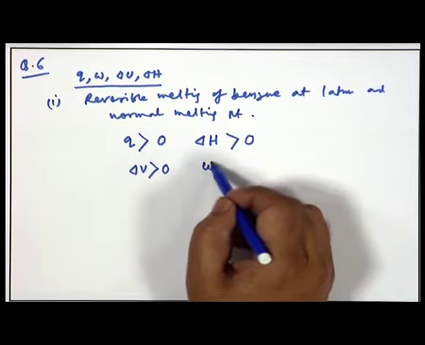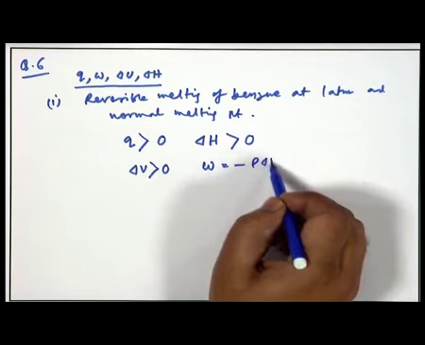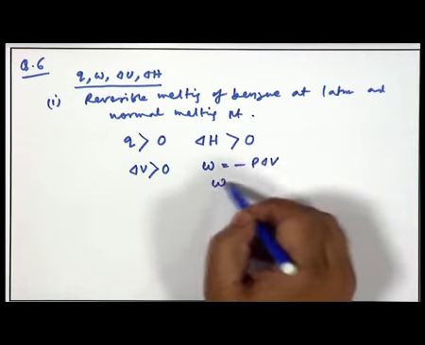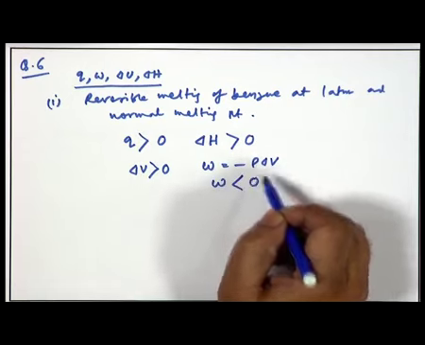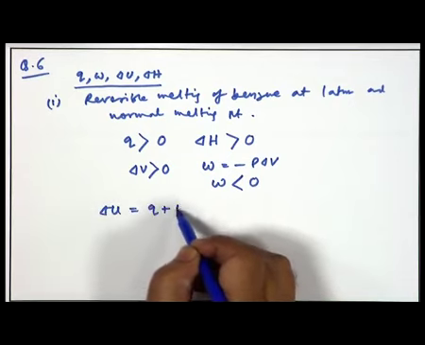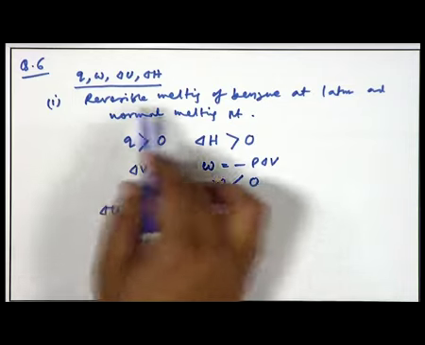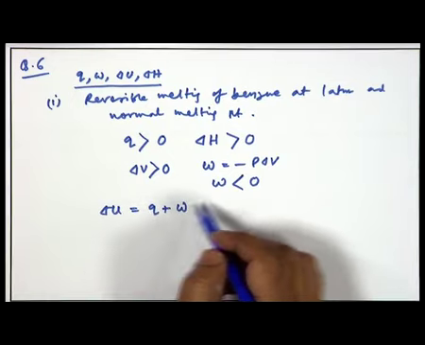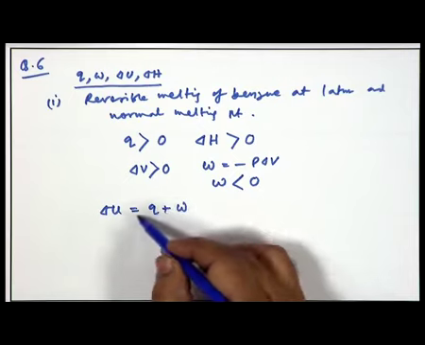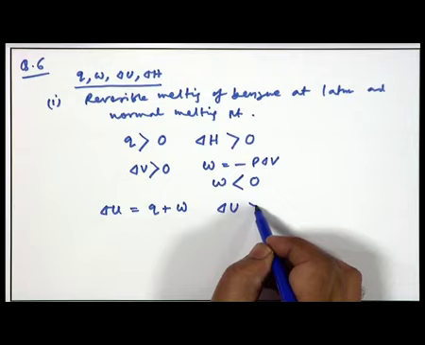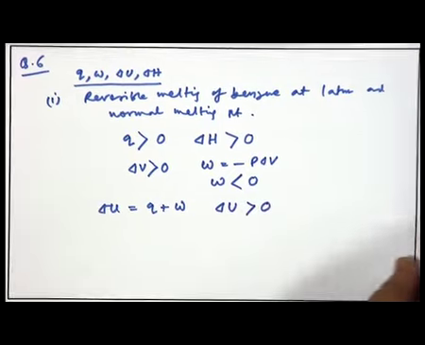So w would be minus p del V, which is negative. And del U is q plus w. As I said, this is a solid, so w is negligibly small compared to q, and you can ignore w in this case. So, as q is positive, del U should be positive. That is the first question example.